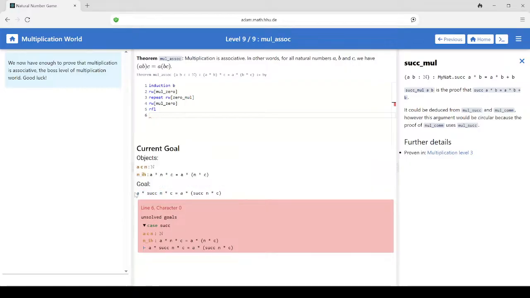When I do that on this, I'm going to end up with plus A, and when I do that here, I'm going to end up with plus C. So if I have a plus A on one side and a plus C on the other side, I don't know how I can ever make the two sides match. But I think that's the only way I can get rid of the successor.